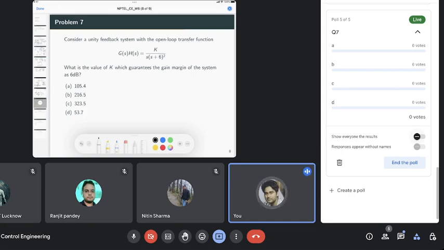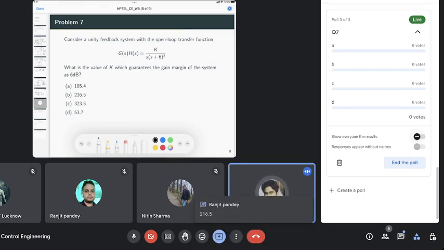Similarly for the phase, if your magnitude, your gain, is 1 there, the phase should not be minus 180 degree there, right? Otherwise the system will be unstable. So if your angle is less than minus 180 degree, how much phase shift can you allow till you reach that instability point?